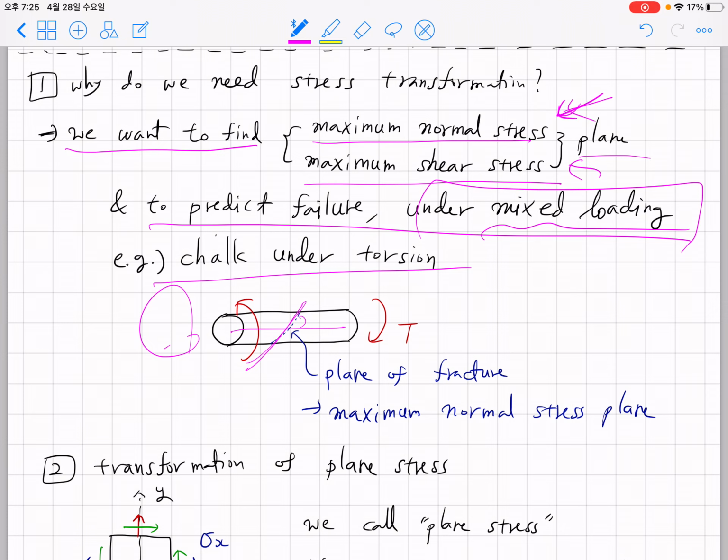Brittle material fails on maximum normal stress, and ductile material such as polymer and rubber fails on maximum shear stress. So by obtaining the maximum normal stress and maximum shear stress, and the planes at which these stress values occur, we can predict the failure of materials.